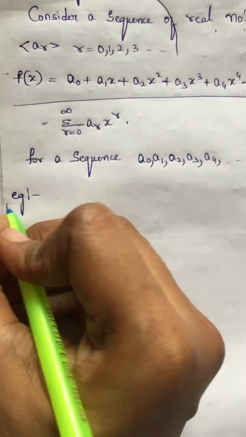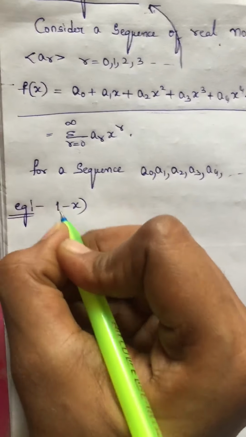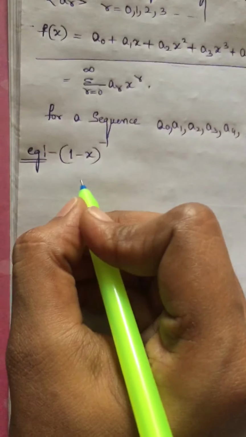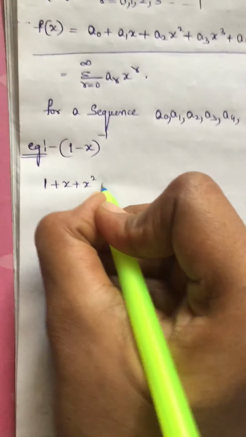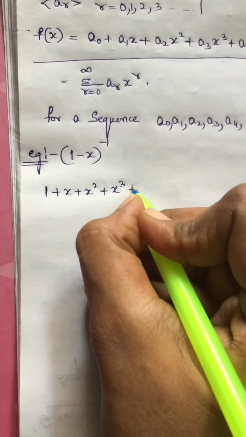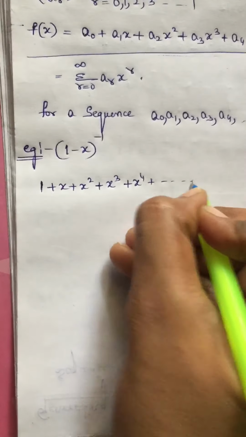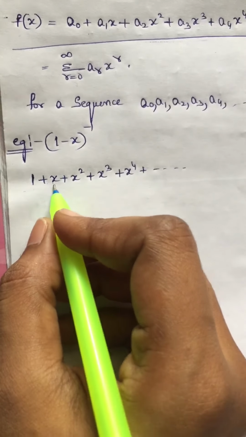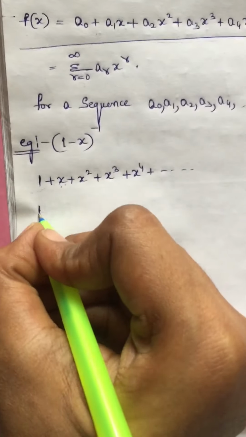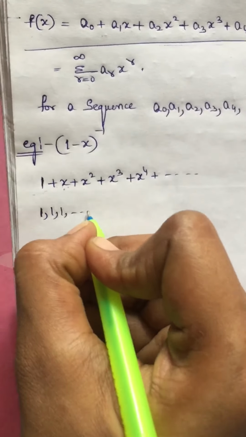Now considering another example, 1 minus x whole to the power of minus 1. Now write the expansion for 1 minus x whole to the power of minus 1: 1 plus x plus x square plus x cube plus x power 4 and so on. In this expansion the coefficients of the x terms are 1, 1, 1 up to infinity.